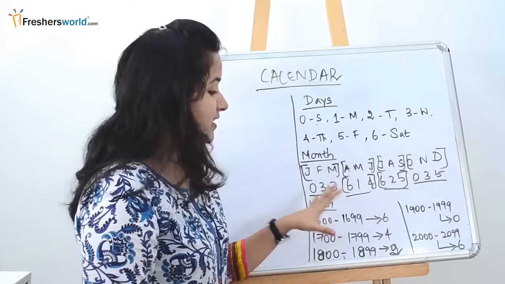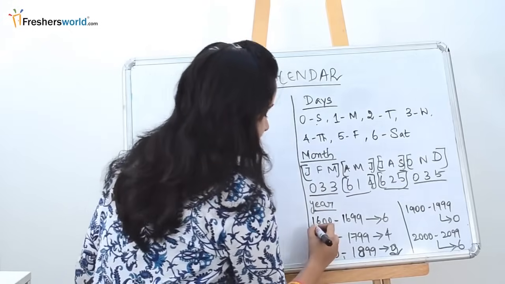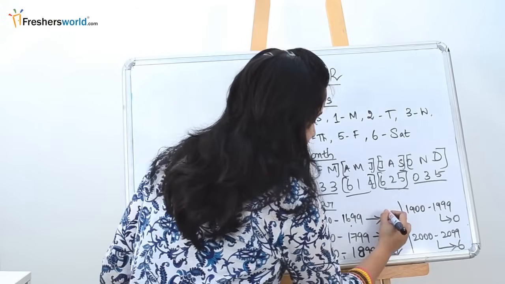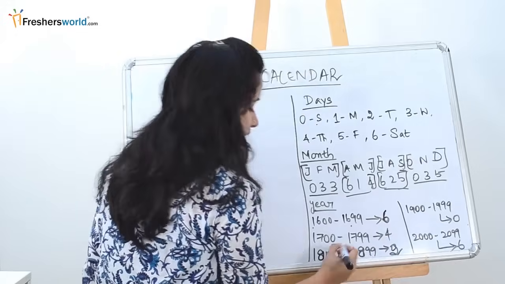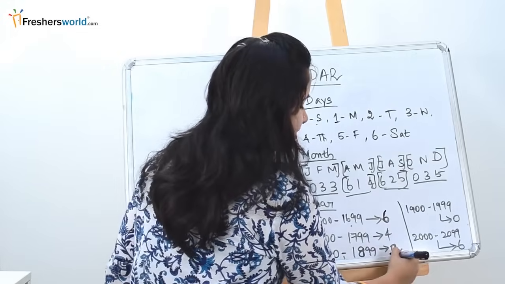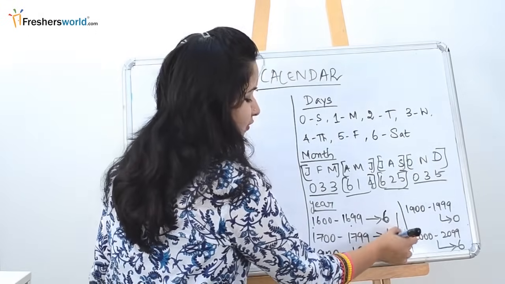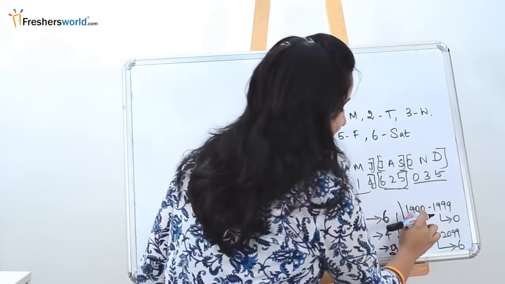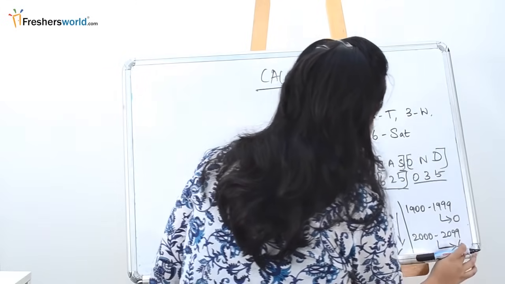Then for the year, these are the various years that they generally ask in all types of questions. From 1600 to 1699 we code it as 6. From 1700 to 1799 we code it as 4. 1800 to 1899 is coded as 2. To remember this, go in descending order 6, 4, 2. For 1900 to 1999 it is 0, and 2000 to 2099 is 6.